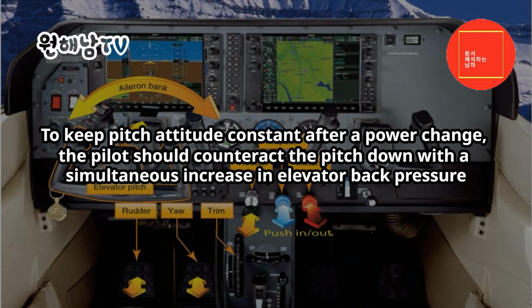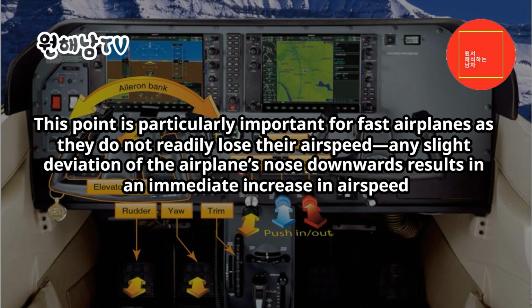To keep pitch attitude constant after a power change, the pilot should counteract the pitch down with a simultaneous increase in elevator back pressure. This point is particularly important for fast airplanes as they do not readily lose their airspeed. Any slight deviation of the airplane's nose downwards results in an immediate increase in airspeed.